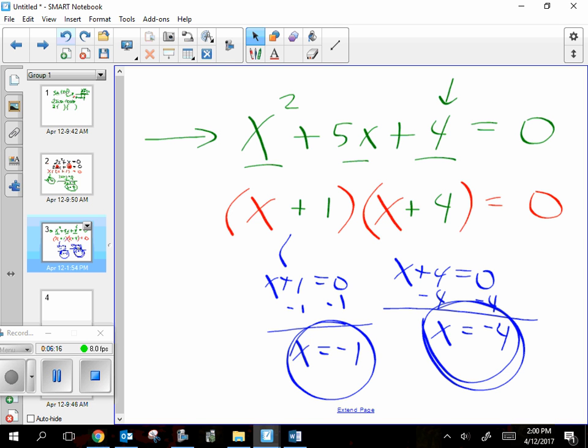And this is one of the top 5 out of 1,000 things that are going to be the most important in moving on. So if you don't totally get it yet, that's okay, but we need you to totally get it. Factoring is huge as you go into higher level math classes.